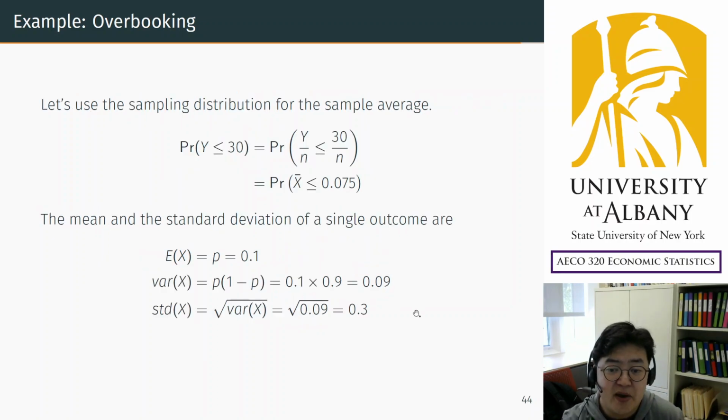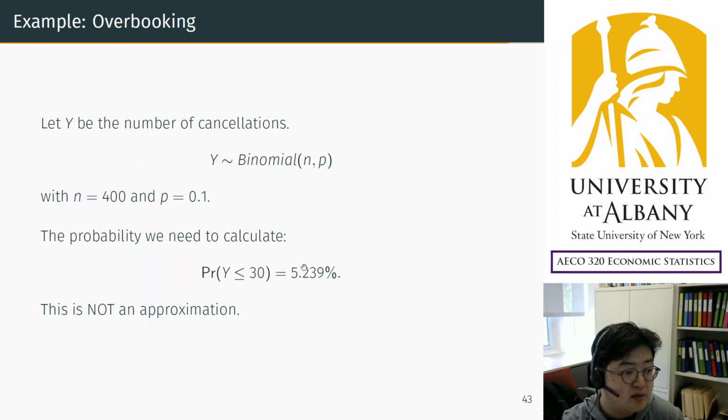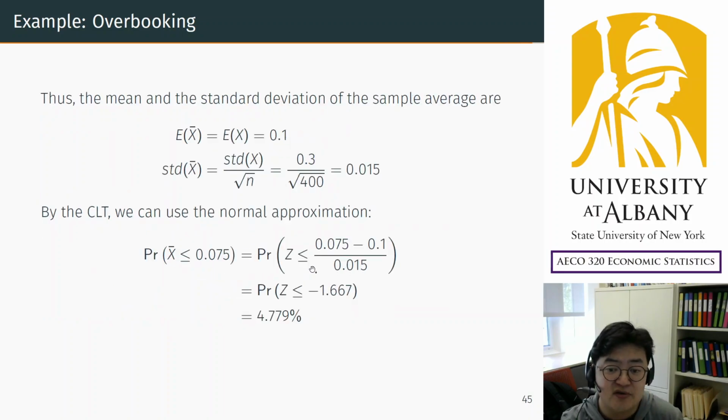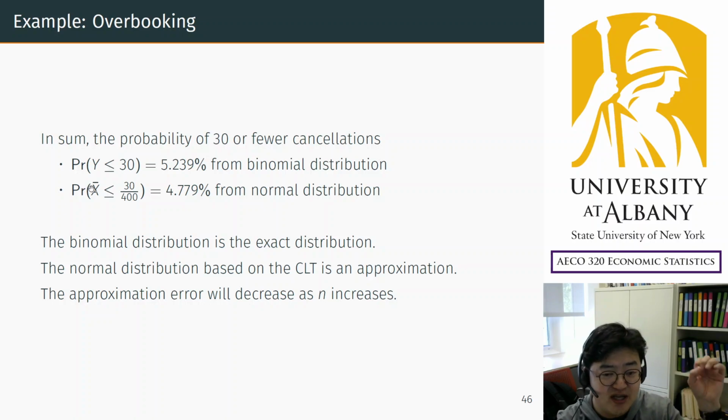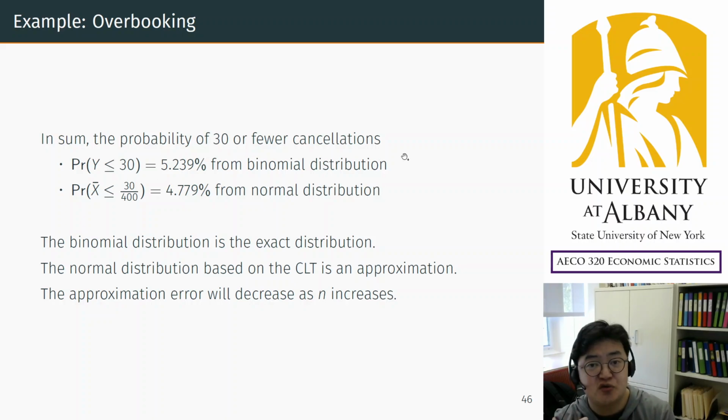Now, compare this with the binomial distribution probability. They are different. The difference is approximation error, right? So the binomial distribution is the correct distribution. It is calculated from the exact formula, but the normal distribution is based on the approximation of the central limit theorem.